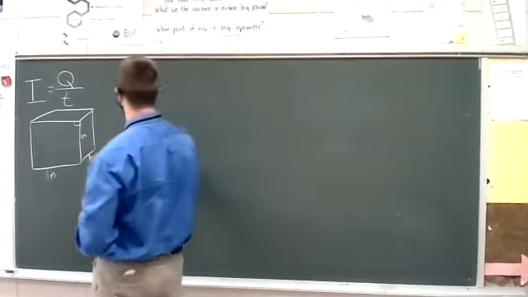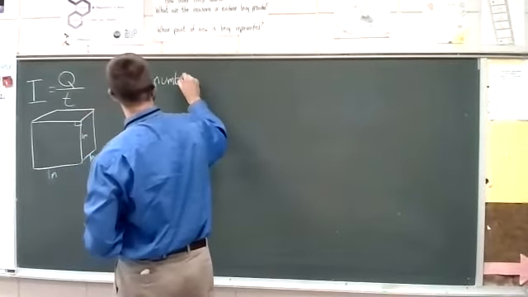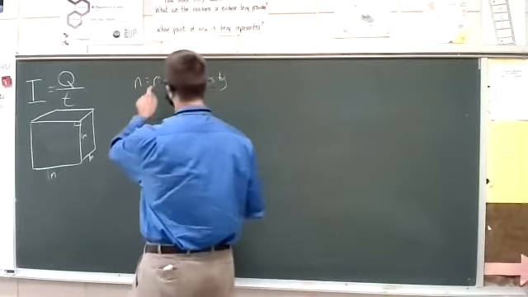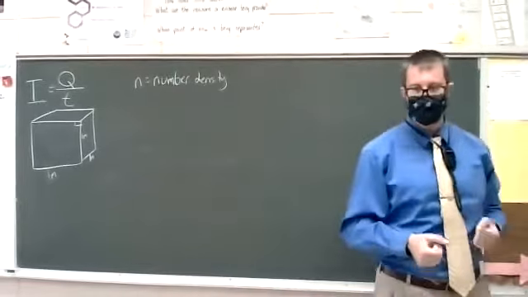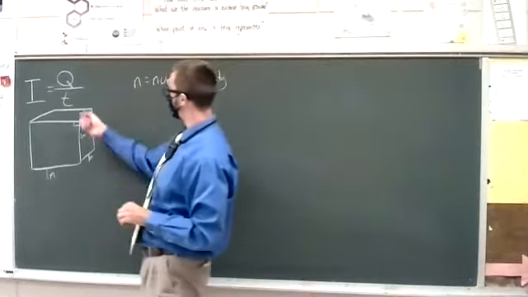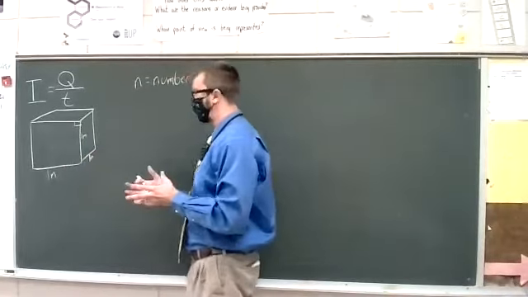So there's this idea called number density. The number density tells us the number of free electrons, or what are called conduction electrons, in unit volume of material. So this is why we define number density based on a cubic meter of substance.